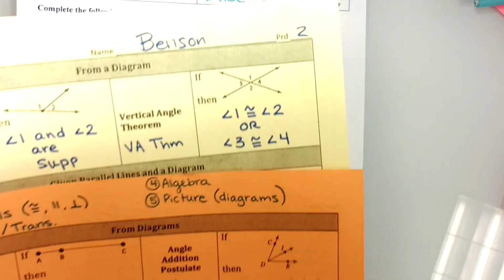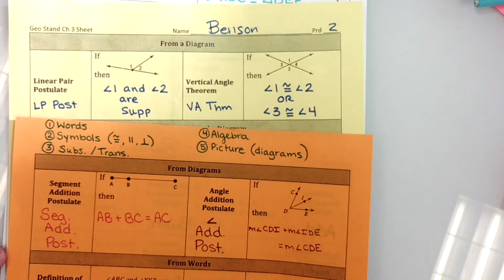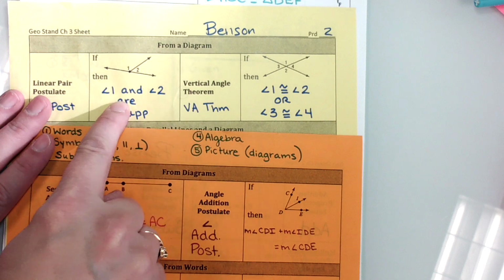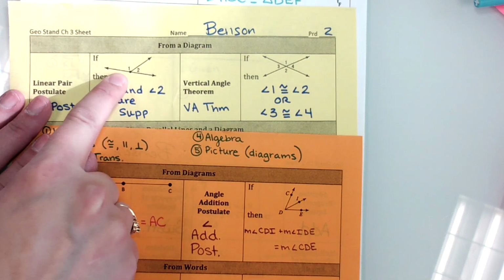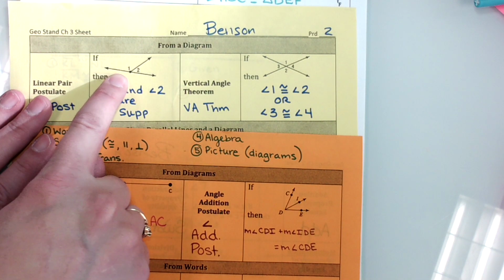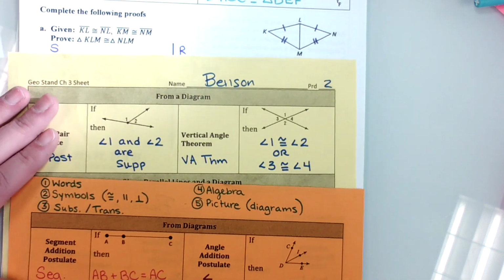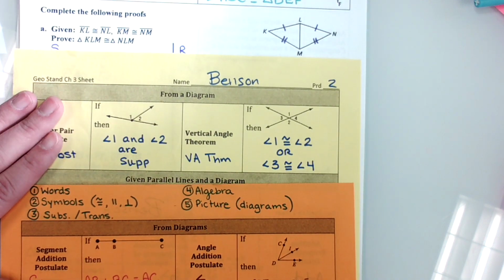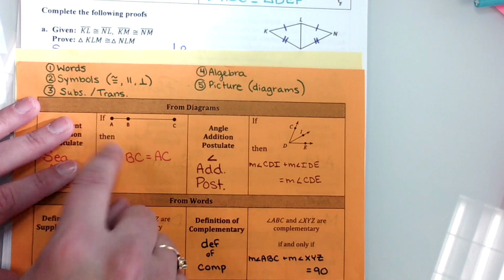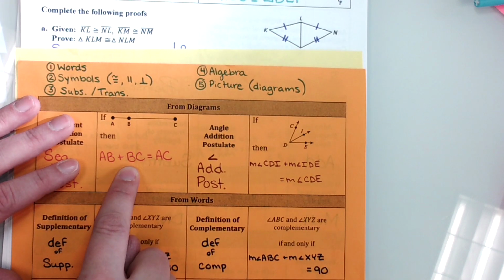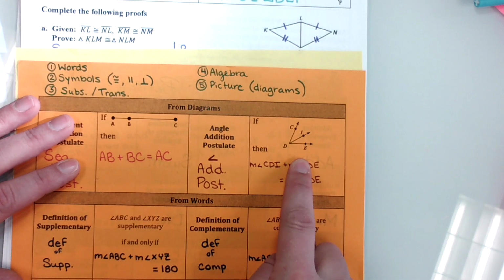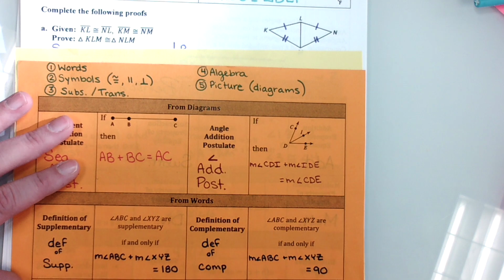In our previous postulate sheets, we had 2 sections that talked about from pictures. Supplementary, while it can come up, is it what we want? No. Vertical angles is congruent, so maybe, but are there vertical angles in that picture? No. Adding up segments can come up, but is it what we want? No. Adding up angles can come up, but is it what we want? No, we want congruence.